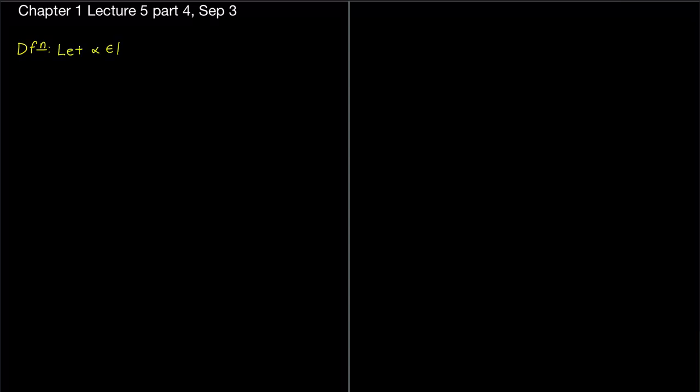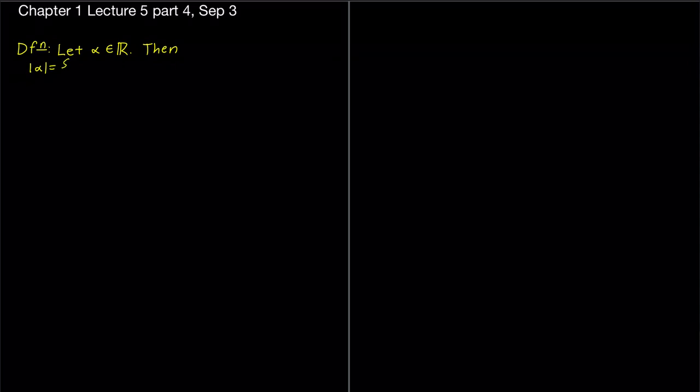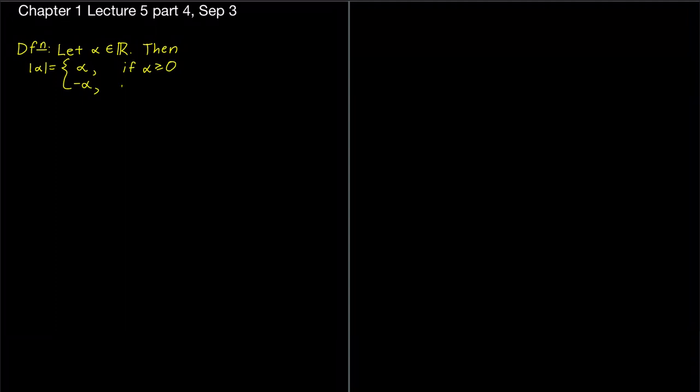We let alpha be a real number, and then the absolute value of alpha is, well, you all know what it is, but I'll just write it out. It's alpha if alpha is greater than or equal to 0, and it's minus alpha if alpha is less than 0. I suppose I could make this one a less than or equal to sign if you want.